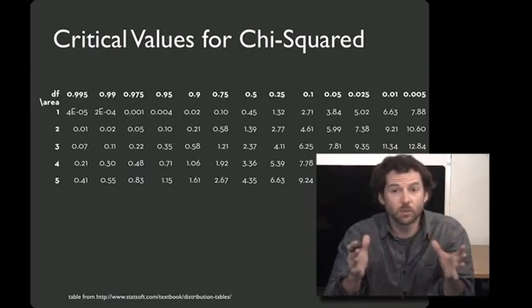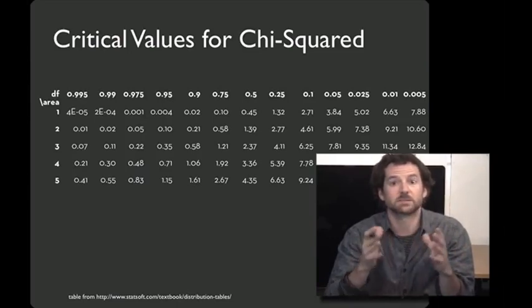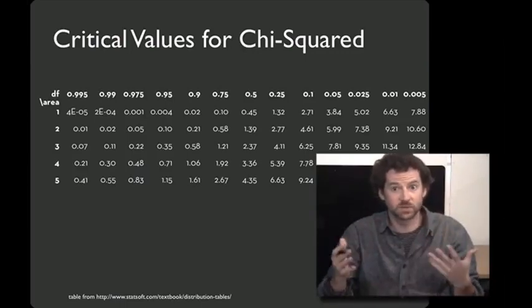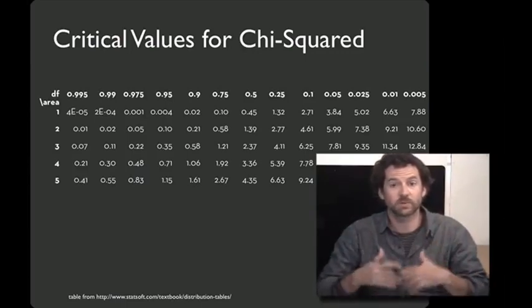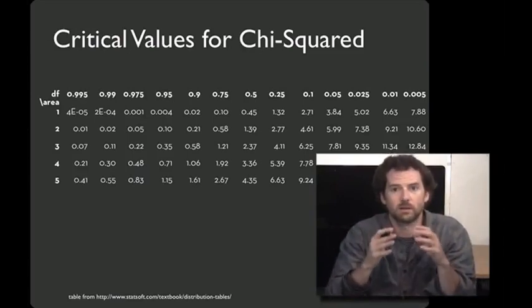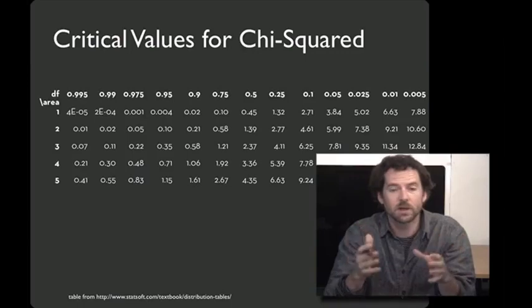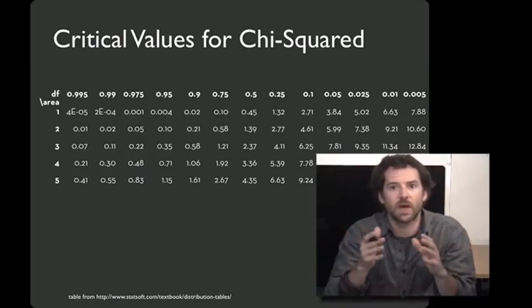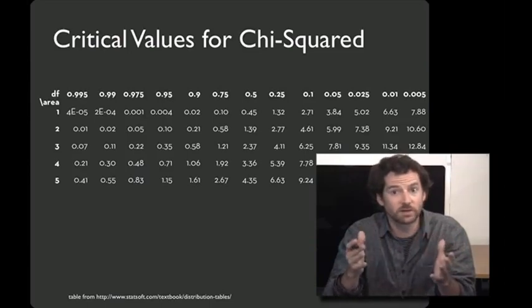So the thing to take away from this table is that as your chi-squared number gets bigger, as that gap between expected and observed gets larger, or the number of trials gets larger, that's going to up your chi-squared, and in turn that's going to make it increasingly unlikely that this behavior could have been generated by an unbiased coin.